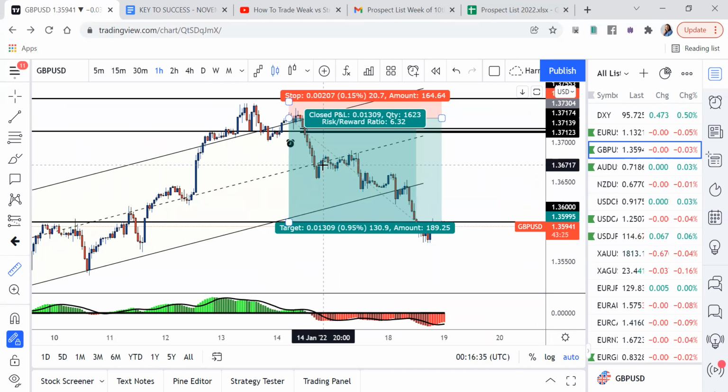So for those of you who would have held the trade, well done. Take profit hit today for 189 pips. So if you held GU along with GJ and Euro JPY, right? In total, you should have banked at least 433 pips today from those 3 trade setups. They were really, really lovely.